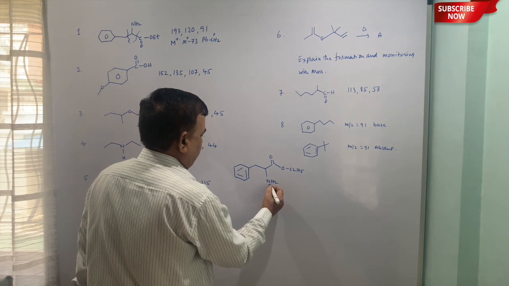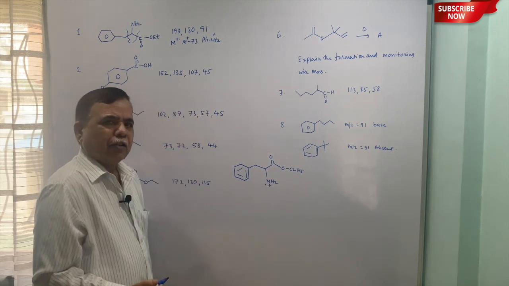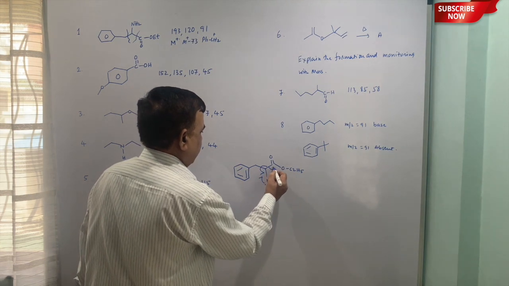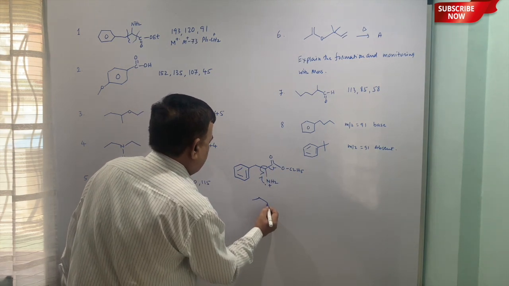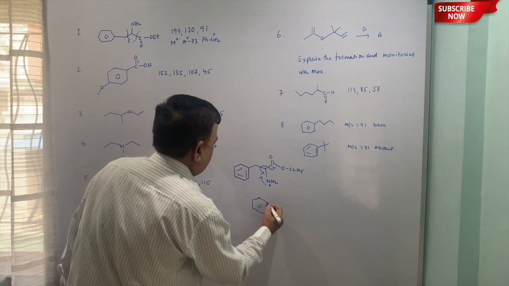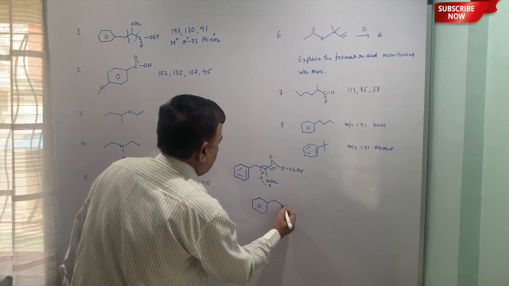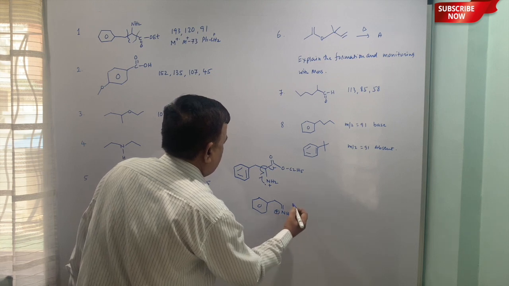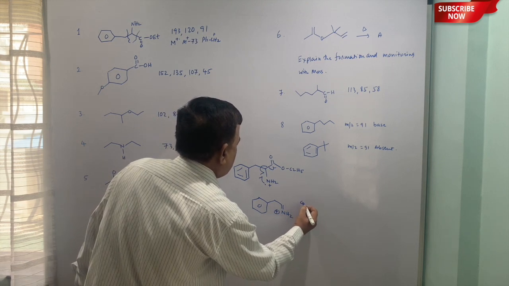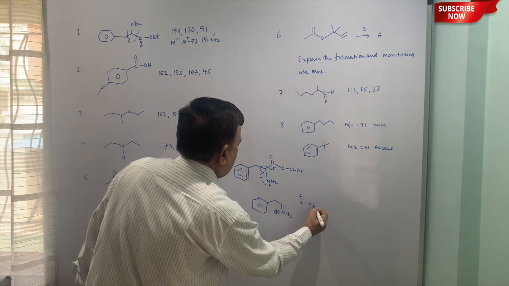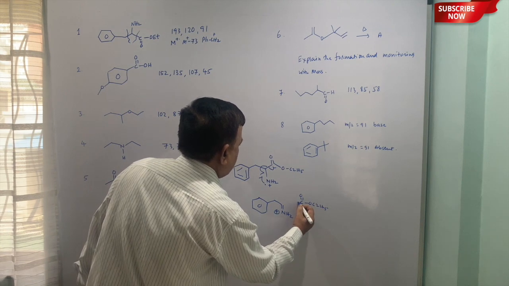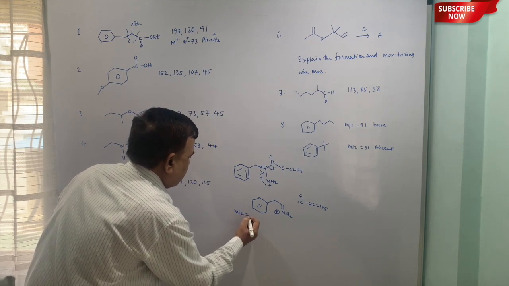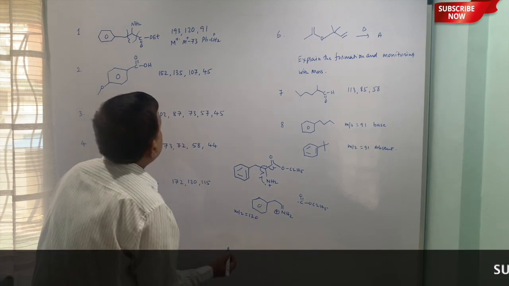So the moment I put radical cation on nitrogen, we can simply put it this way: NH2 plus, and of course this will be C2H5 radical. This has no significance. This is weighing 120.